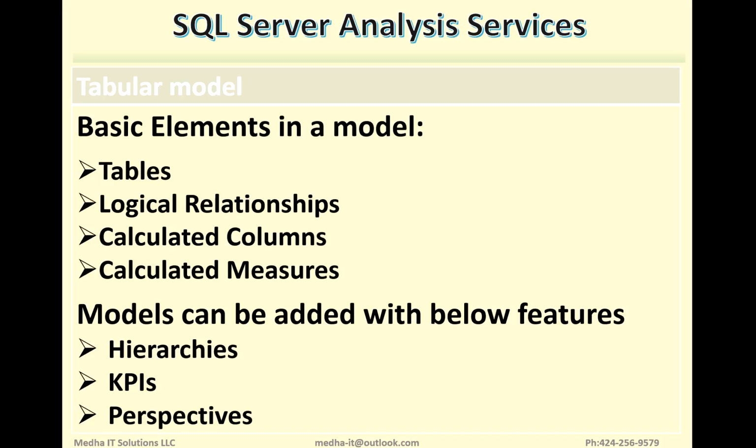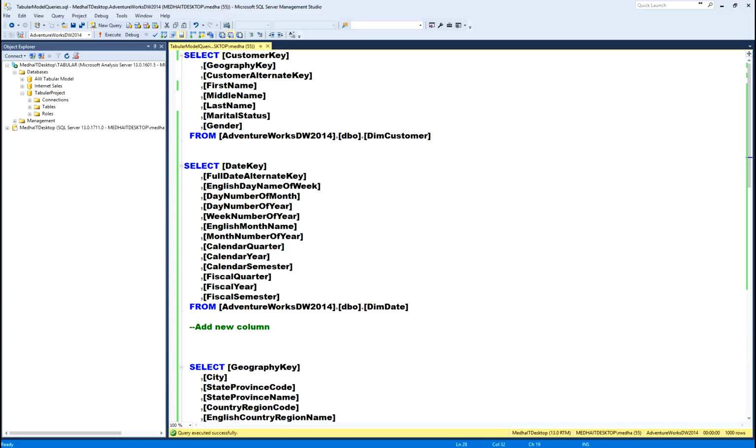So basic elements in a model are tables, logical relationships, calculated columns, calculated measures. These are the basic elements in the model, and you can have hierarchies, you can have KPIs, you can have perspectives. So let's say we want to browse a tabular model.